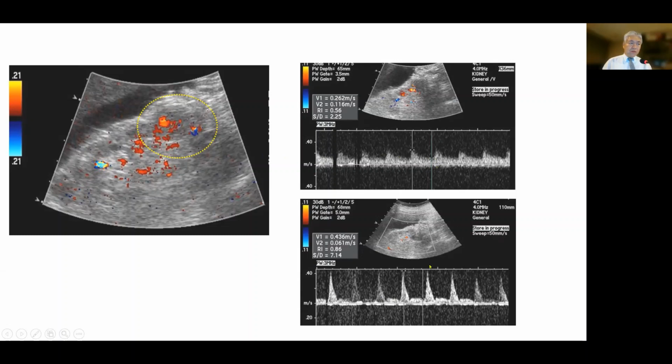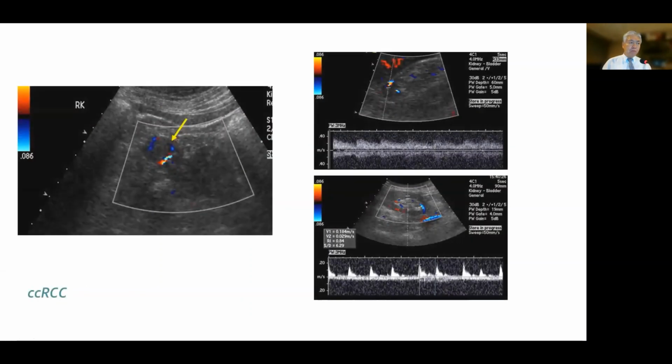Those two spectral patterns are quite different, and this difference may suggest a true renal tumor rather than focal hypertrophy, and this mass was a true tumor, papillary renal cell carcinoma. Another similar example showing different spectral Doppler patterns in a CKD patient with a clear cell renal cell carcinoma.